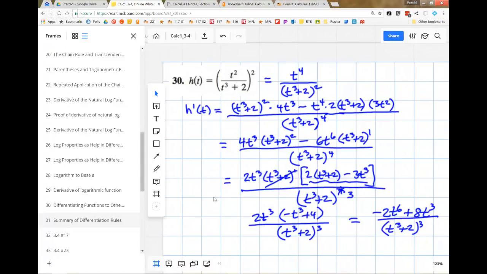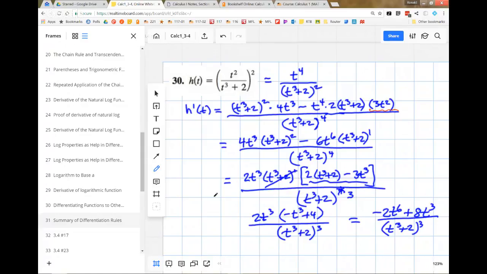Now we have a quotient. So therefore we will go back and use the old quotient rule. Denominator times derivative of numerator minus numerator times derivative of denominator. You see how we had to use the chain rule here? That's chain rule, right?